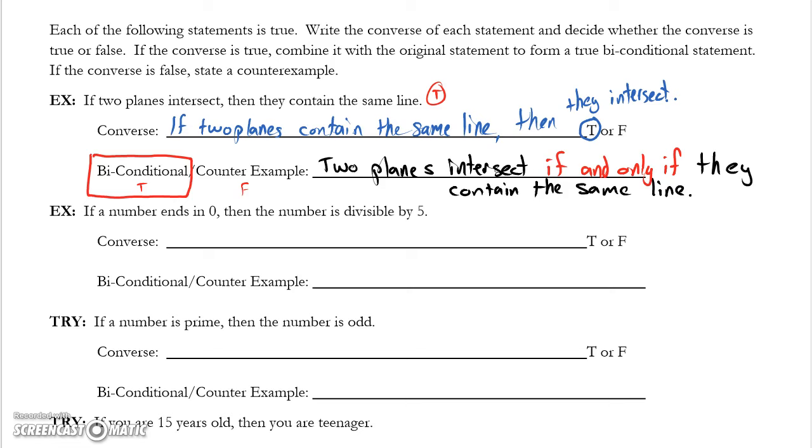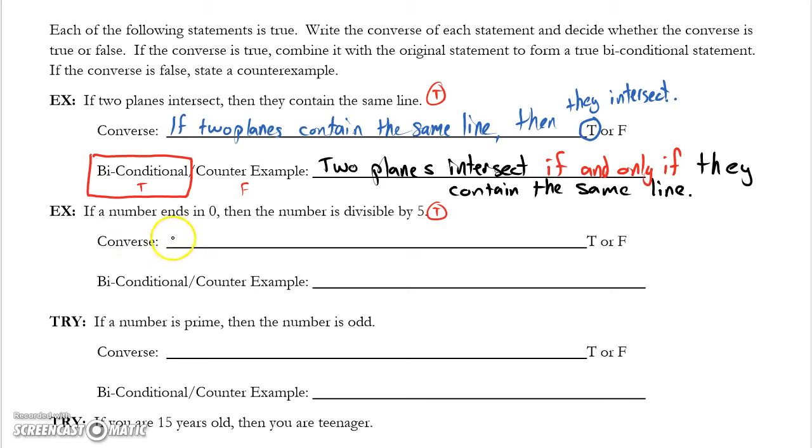Okay, let's look at the next example together. I'm telling you that if a number ends in 0, then the number is divisible by 5. That's a true statement. Every number that ends in 0 is divisible by 5.